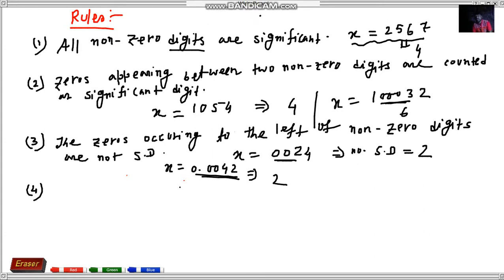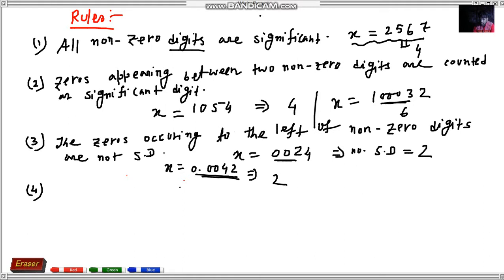So there is no role of this decimal when the zeros are at the left side of the non-zero digit. But it has a great role if this decimal is at the right side.